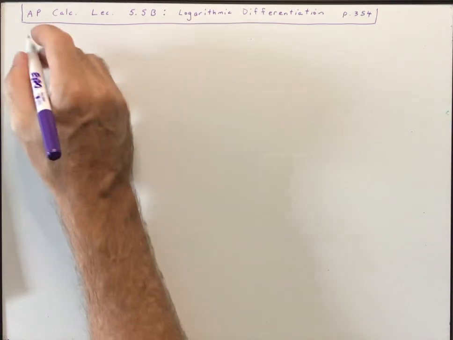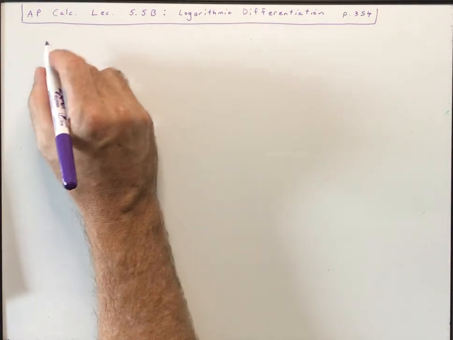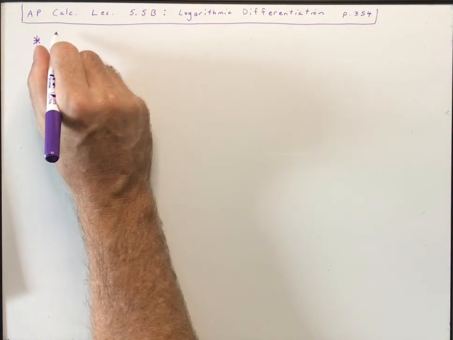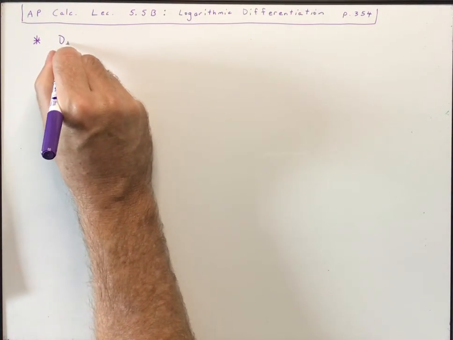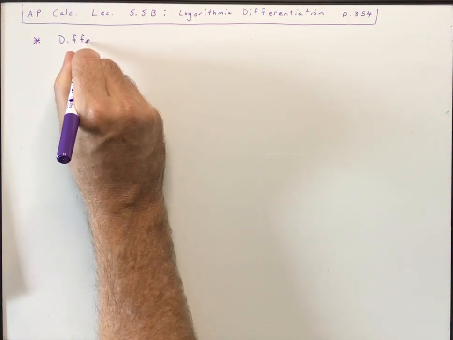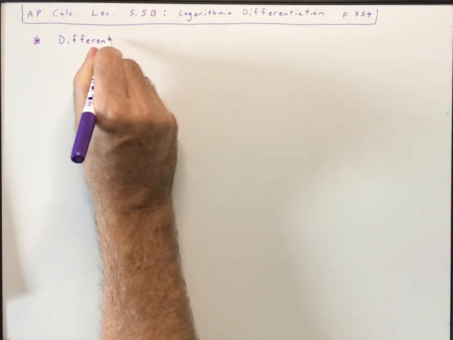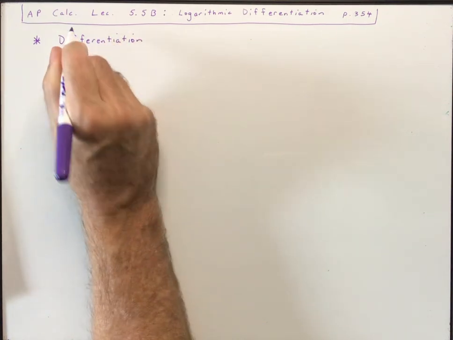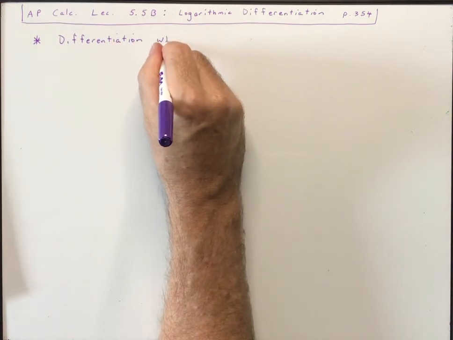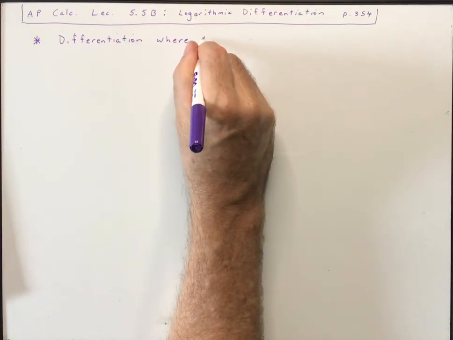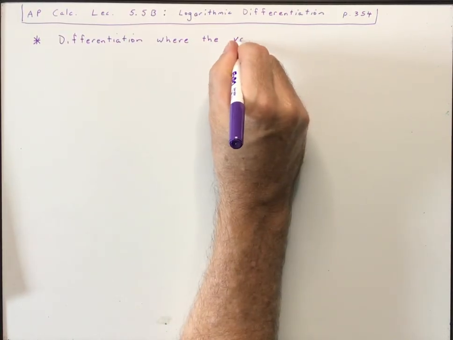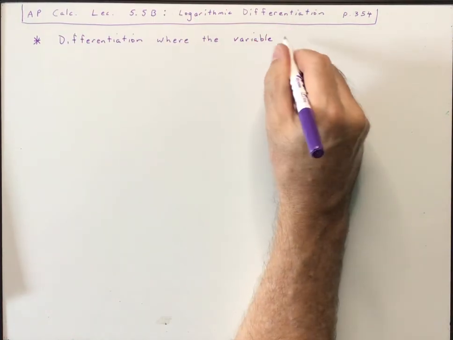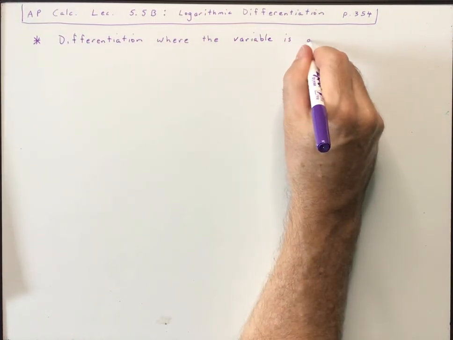All right, so we'll call this logarithmic differentiation. It is just differentiation where the variable is an exponent.